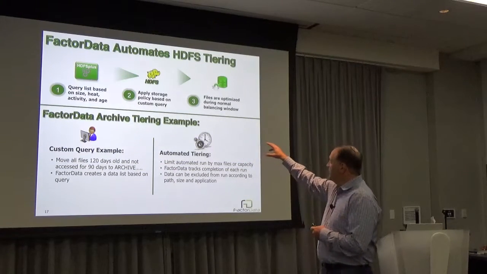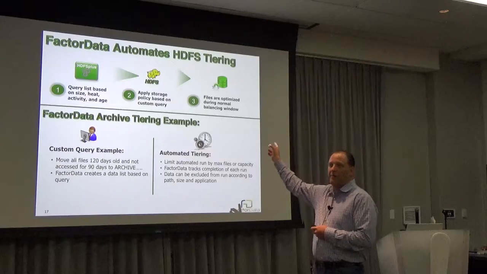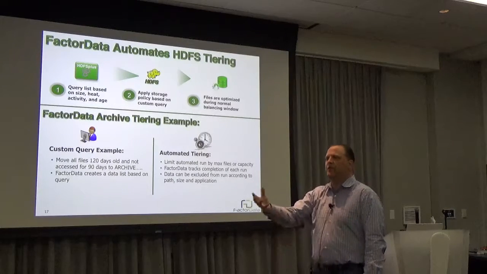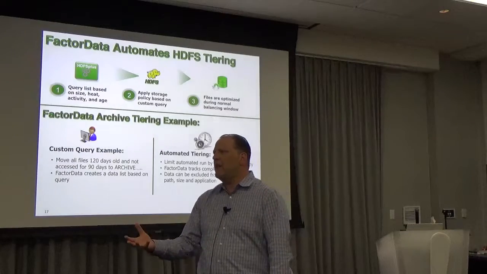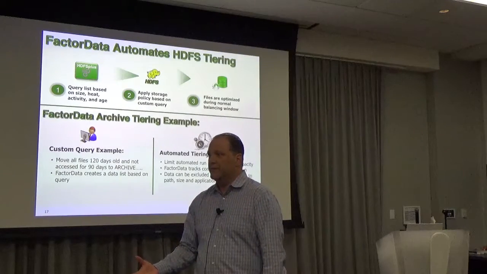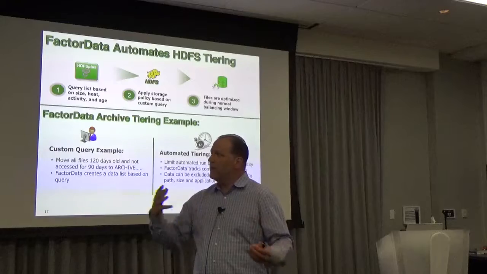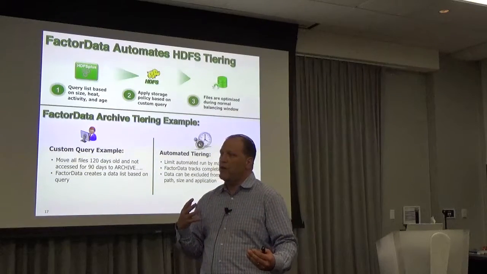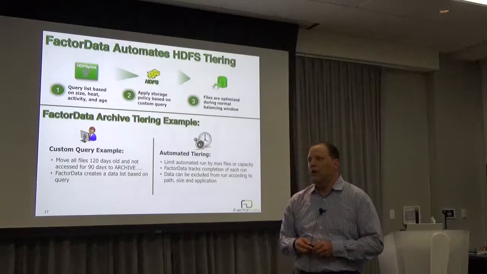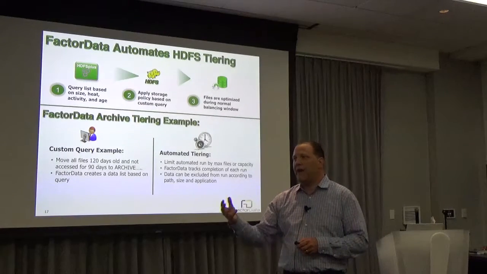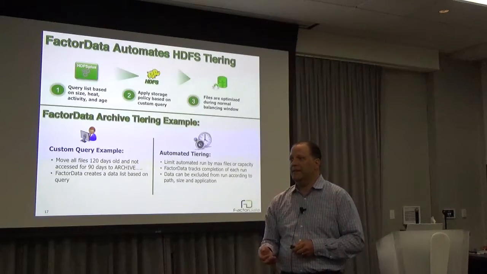Once the metadata is there, then files are optimized during the normal balancing window, just as if you change replication policy on a file. Same type of process. Once the balancing occurs or the mover window occurs, you'll go ahead and move that to the proper storage type according to that policy.